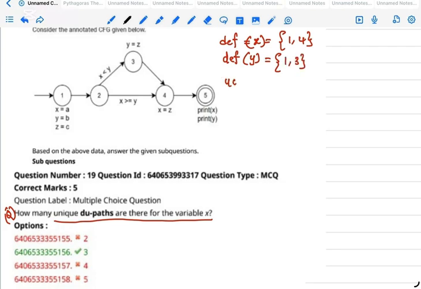Use of x is at 2 to 3, 2 to 4 and node 5, and use of y is at 2 to 3, 2 to 4 and 5.